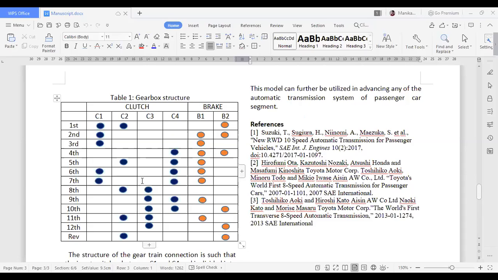The structure of this gear train connection is such that the input switches between C1 to C4 and is divided into two major patterns of shifting elements. As you can see, C3 and C4 are of a similar pattern, whereas C1 and C2 are of a different pattern.